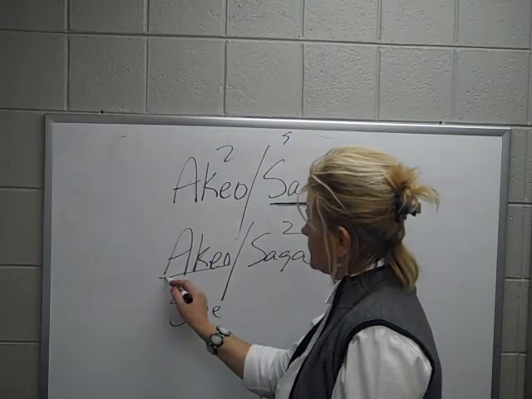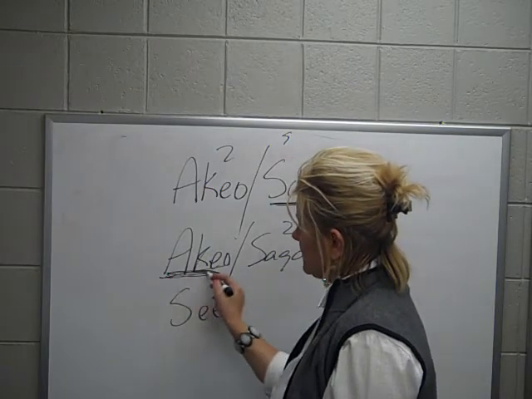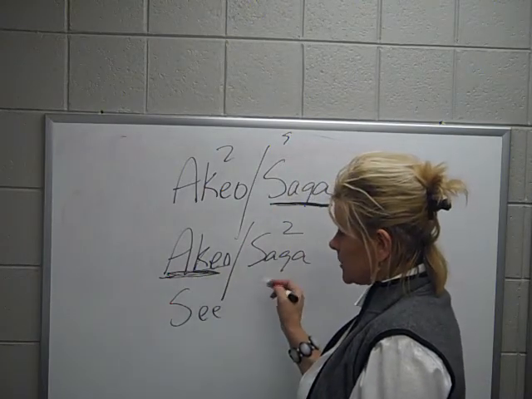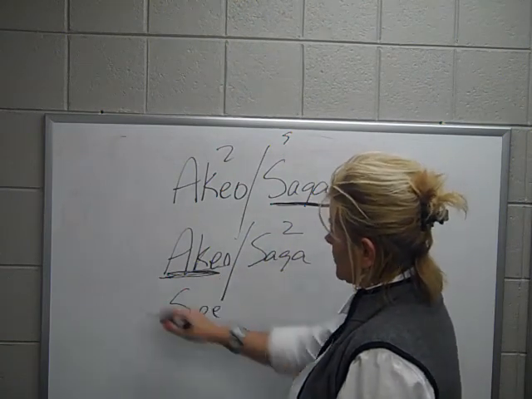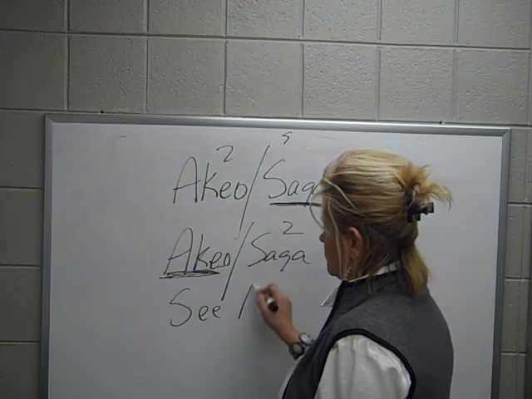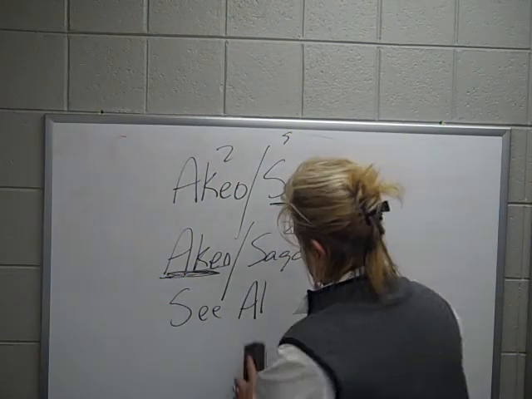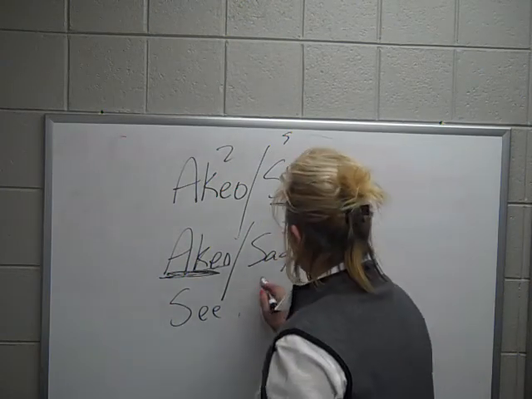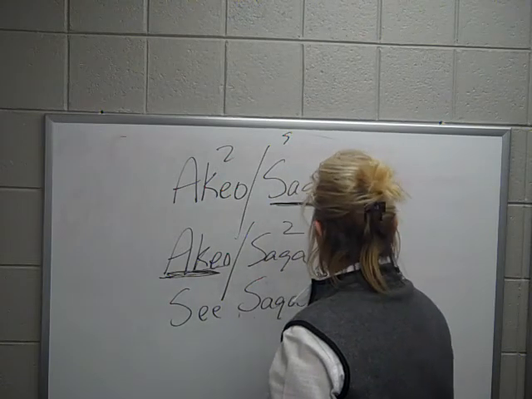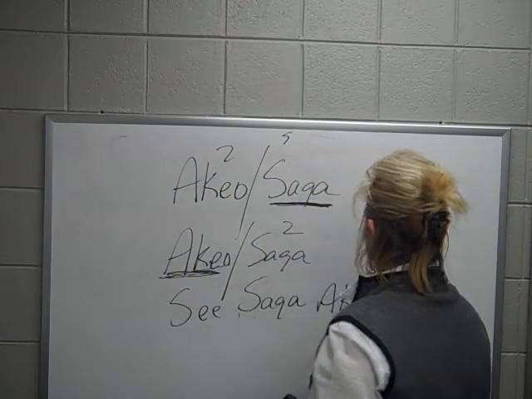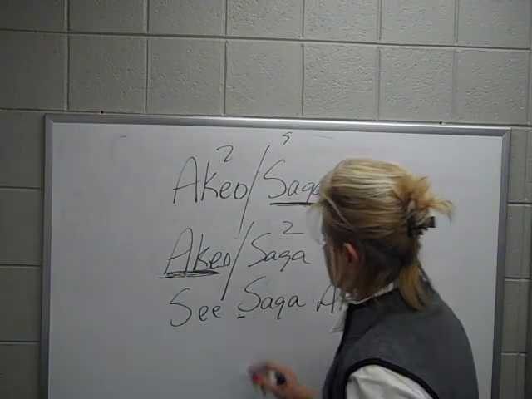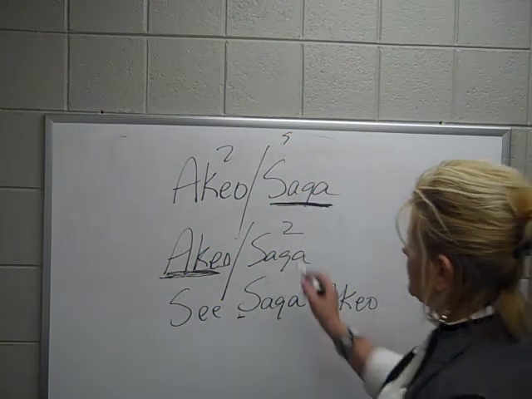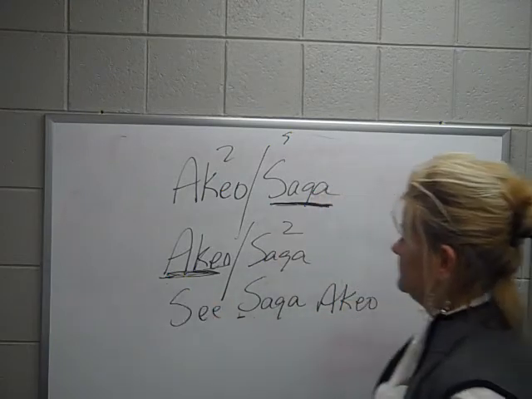And then when I cross-reference, I'm going to underline this name because they're unusual. Okay? And then once I flip-flop it with the cross-reference, then I always have to go back and see the original. See the Saga Akio. Like that. We have to go back and look at the S's. So we got a file under the S and an A.